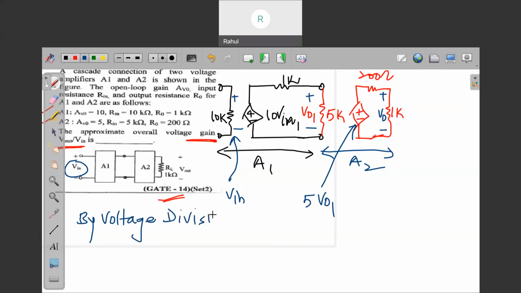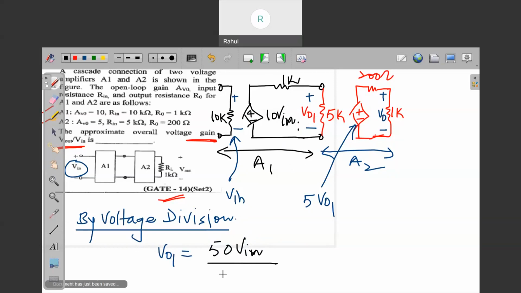By voltage division you can apply here: Vo1 equals 5 into 10, or 50 Vin, upon 6, because 5 plus 1 is 6. Just forget about the subtraction; this is Vin only. So this is Vo1.